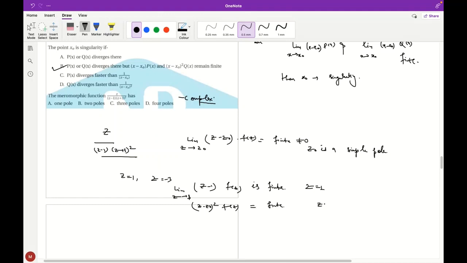So z equal to minus 3 is a double pole. So there are two poles, z equal to 1 and z equal to minus 3. So answer B is correct.